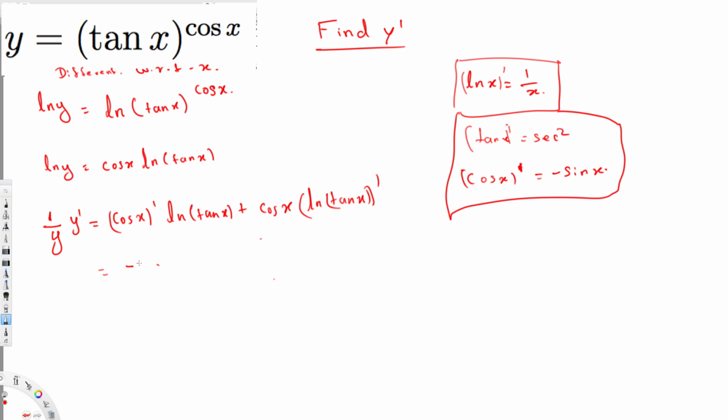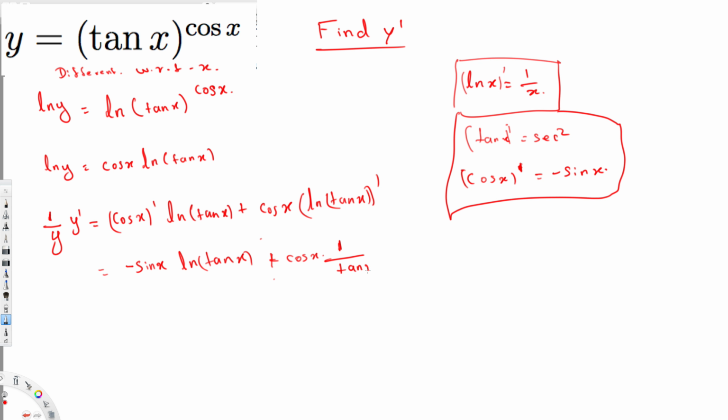So I can substitute here: minus sin x ln tan x. On the other side it's going to be cos x, and we know the derivative of ln x is 1 over x, so in this case it's going to be 1 over tan x. Instead of x, we plug in tan x.